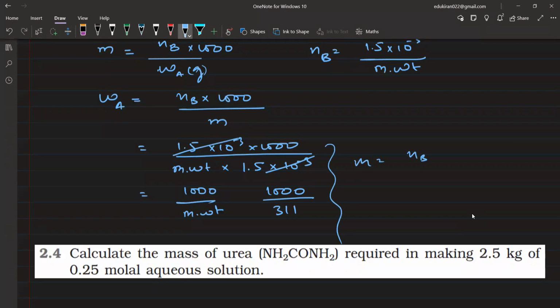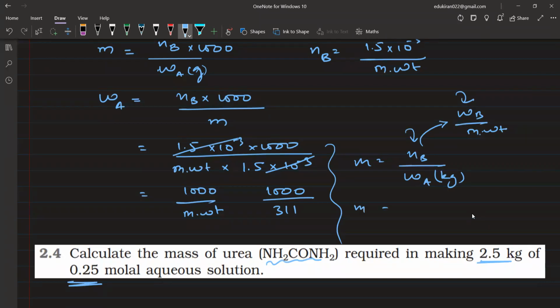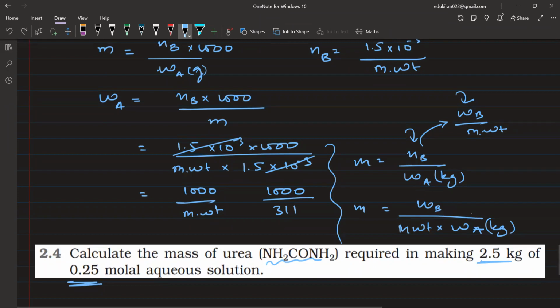Molality is equal to number of moles of solute divided by the mass of solvent in kg. So mass of solvent is given, molality is given. Find the number of moles. From the number of moles, the molecular weight will come out, you have been given the formula, and from there you can find WB. Basically, M is equal to NB, that is WB upon molecular weight into WA in kg. From here you only have to find WB, nothing else. Very easy question, please do this.